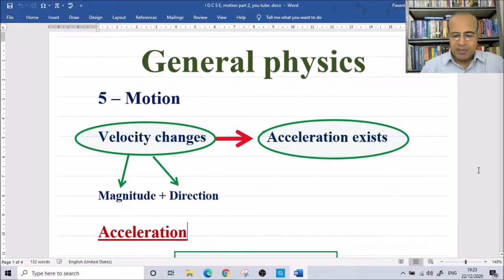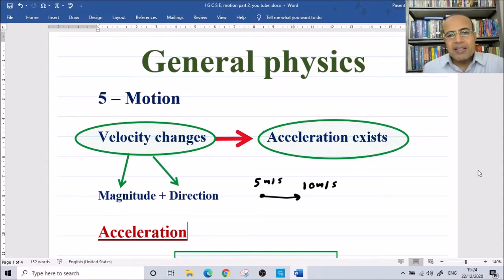For example, if we have an object, a car, moving in this direction with a velocity of 5 meters per second, and then it becomes 10 meters per second, we say the object accelerates.